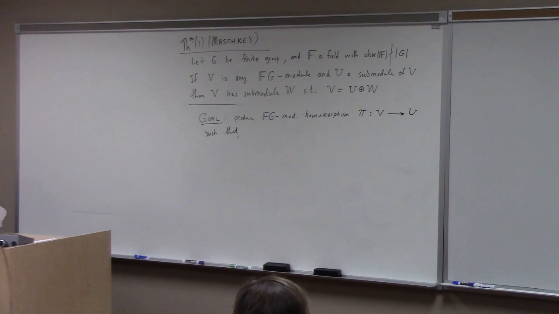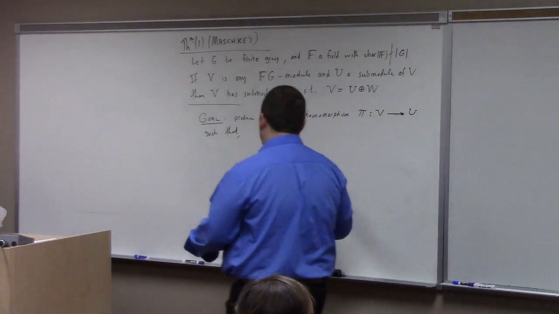We want it to be a projection onto U. We need two properties. We need that pi of U is U, so U is fixed under this homomorphism.